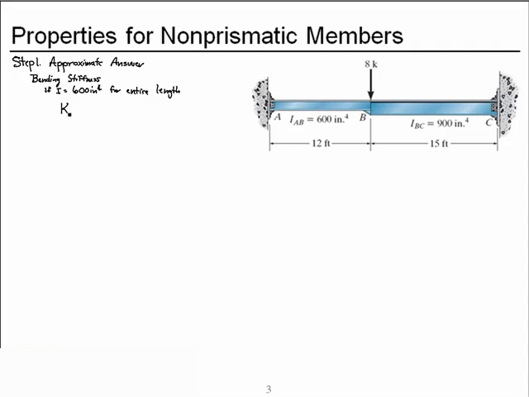Well, then the bending stiffness, K_AC, would be 4EI over L, because the member is fixed in its idealization. So we have 4 times the 29,000 ksi, the 600 inches to the 4th for I, over the entire length, which is 27 feet.